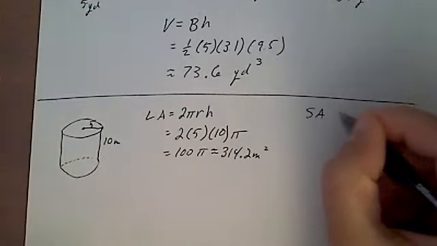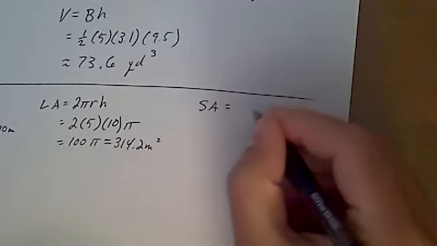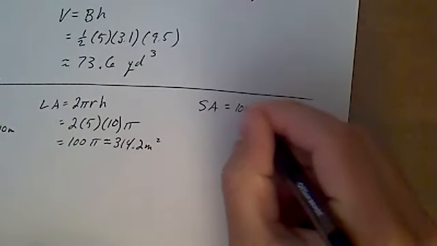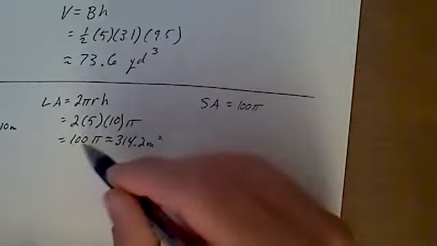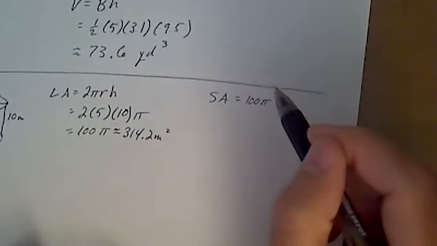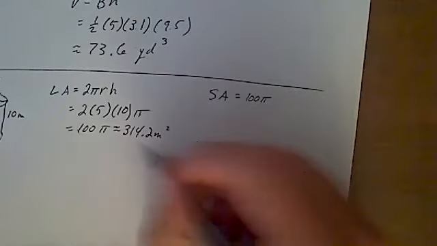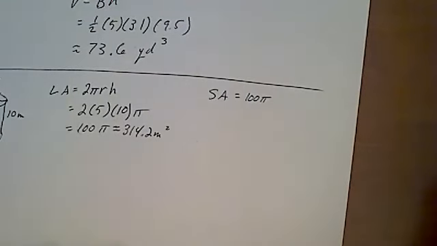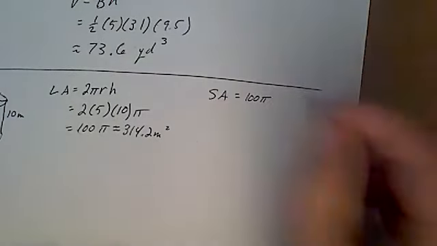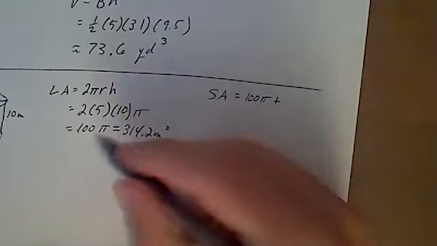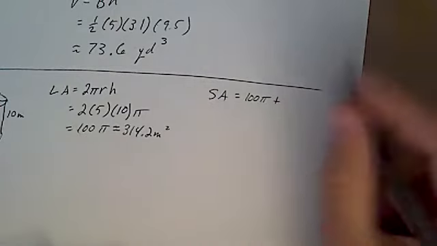If we wanted surface area, right, we would take that 100 pi. I would suggest that you go back to the exact answer, the perfect answer there, which is 100 pi, rather than using the 314.2, because you might find that you'll get a little bit off otherwise. You should probably be okay either way, but it's better to go back and use the exact answer.